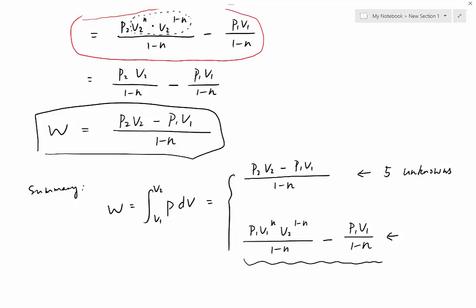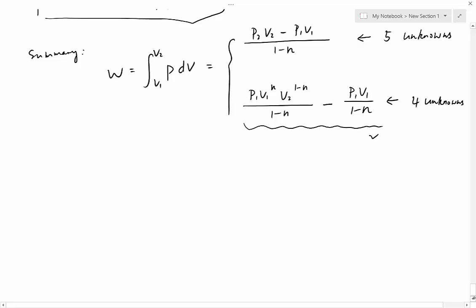P1, V1, V2, N. That's it. You only have 4 unknowns. So that's why we usually prefer the second one, because it can make your calculation easier. You only need to find 4 unknowns, then you're done. You just plug and chug, even though the equation looks longer and uglier. So what does that tell you? First impression is not always the correct impression.